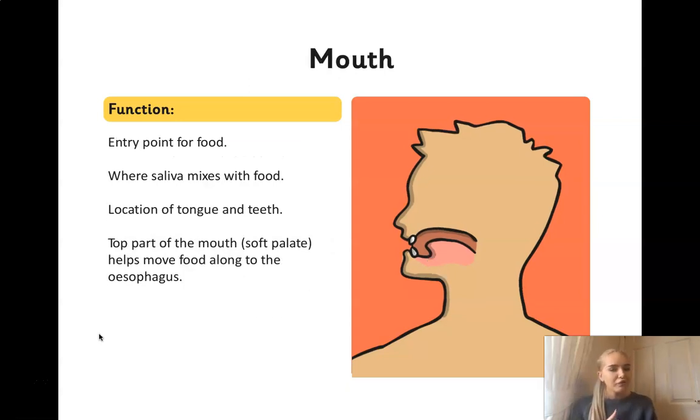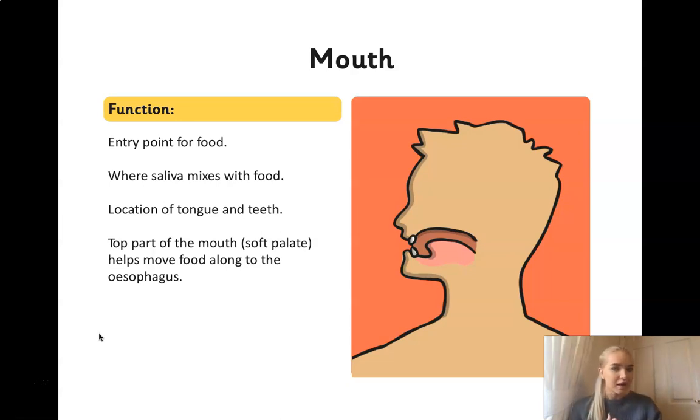And when our food is in our mouth, this is where it mixes with the saliva and also the top part of your mouth. So can you feel with your tongue your top part of your mouth like this? That is called your soft palate. And this helps move the food along to the esophagus, which starts around here and goes down, okay? So the food enters your mouth, it mixes with the saliva, and then the top part of your mouth moves it down to the esophagus.